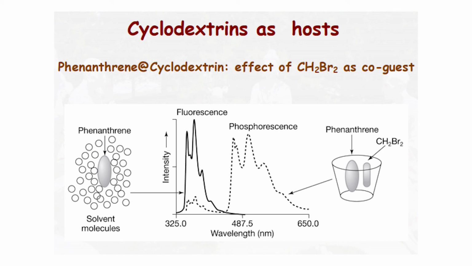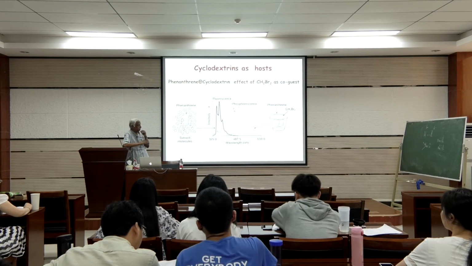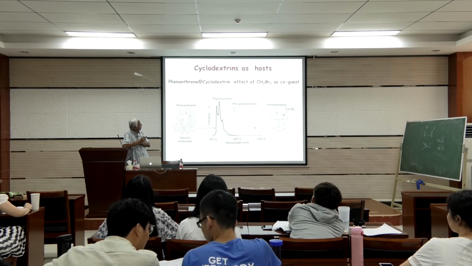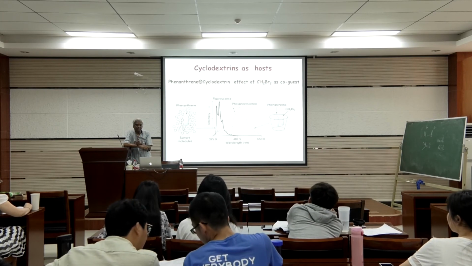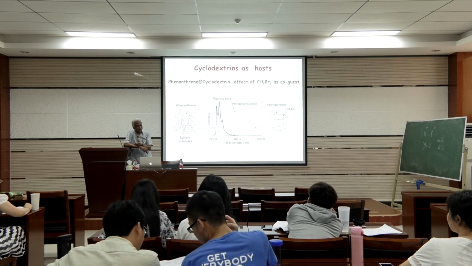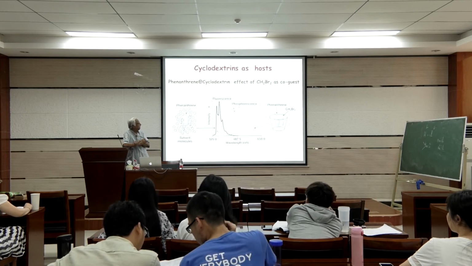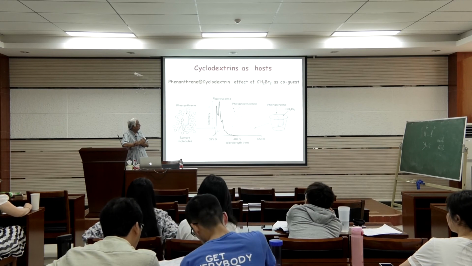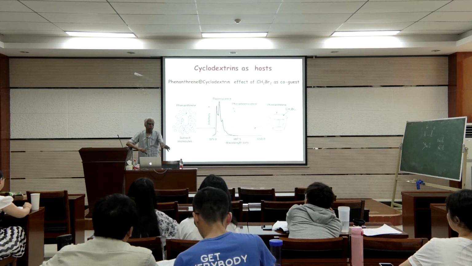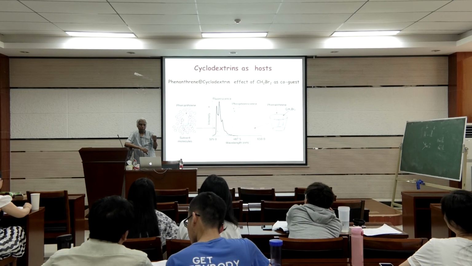Naphthalene is not water soluble. Is it naphthalene or what is the example here? Phenanthrene. They are very similar. If you take phenanthrene in water, phenanthrene will not dissolve. But if you add a little bit of cyclodextrin into the water, then the phenanthrene will dissolve.